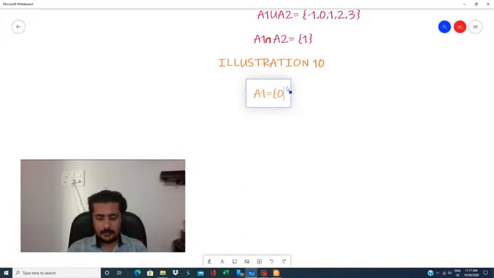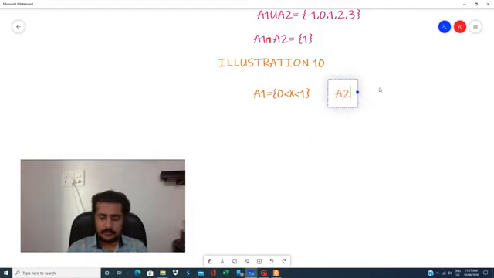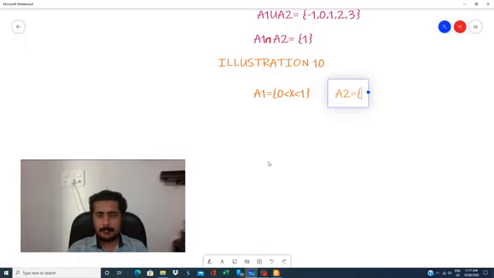A1 is 0 less than x less than 1. What is A2? It is half less than x less than 2.